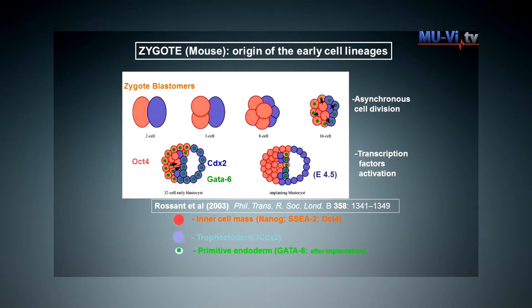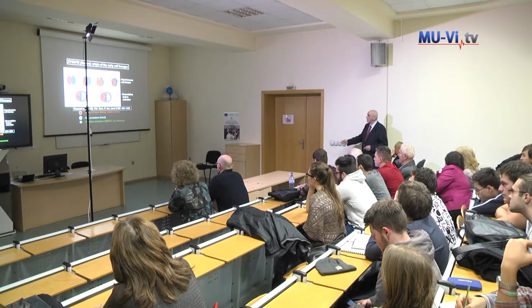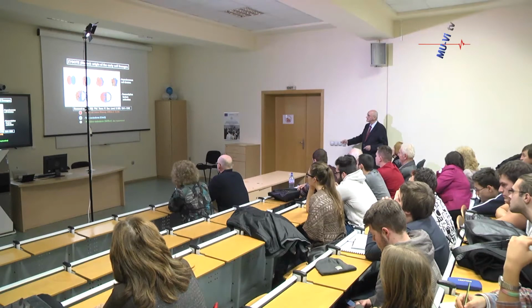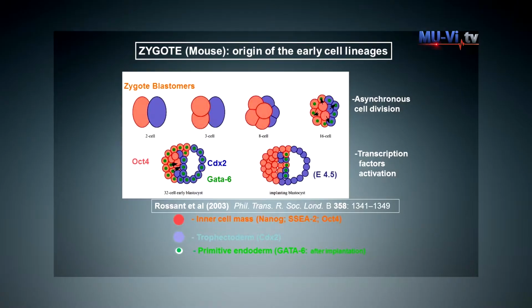This blastomere proliferates faster and builds a large number of cells, which at the end build the so-termed epiblast cells. This is an asynchronous division of cells.